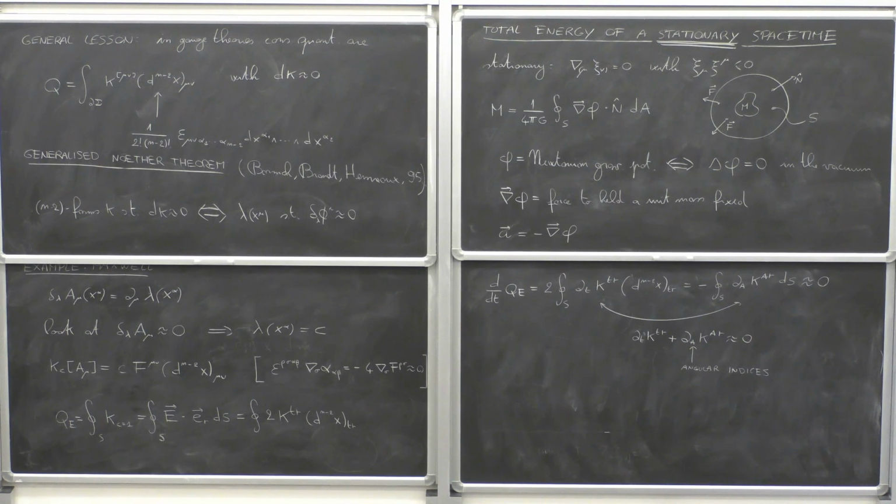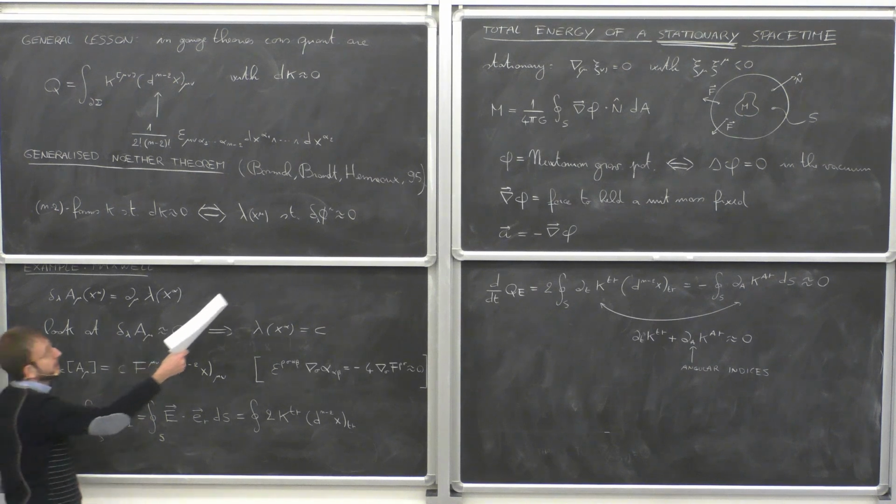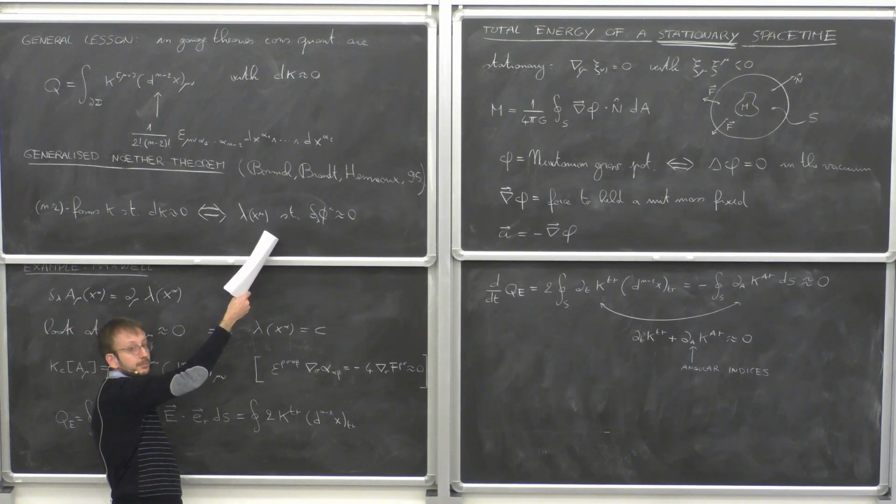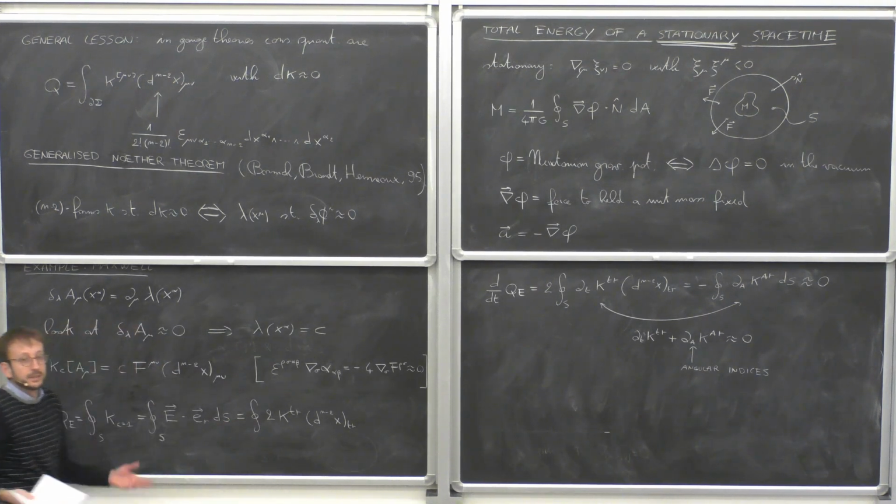But in the case of general relativity, we immediately hit a problem that I already anticipated. It is the fact that the generic metric doesn't have any Killing vector. So there is no isometry. So in general, this space here is empty, which seems to mean that we have no charges at all. So this theorem is very nice if I want to define conserved charges for classes of solutions that have certain isometries.